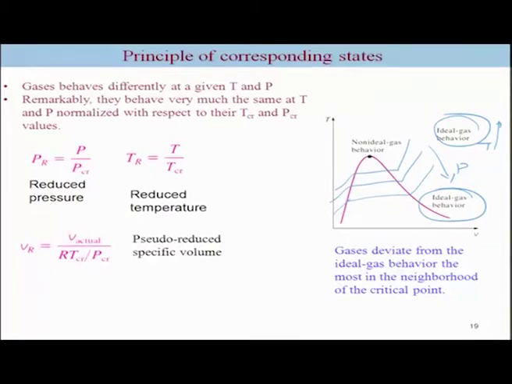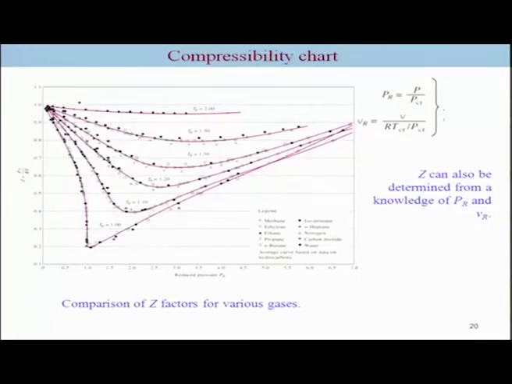If you reduce pressure by the critical point of the fluid and get a variable PR, and similarly TR and VR, we can plot Z as a function of PR for different TR. It appears that many different substances, written here as methylene, ethylene, ethane and so forth, all fall on almost the same curve.